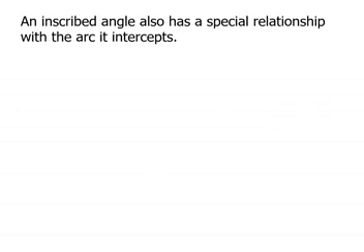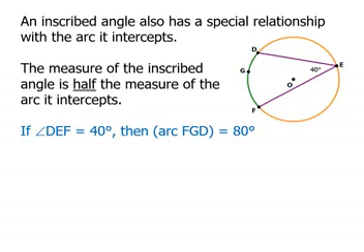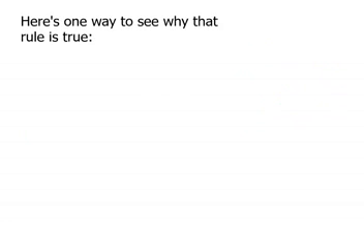An inscribed angle also has a special relationship with the arc it intersects. The measure of the inscribed angle is half the measure of the arc it intercepts. So if the angle DEF is 40 degrees, then that arc FGD has to be 80 degrees. Now, why is this true? Here's one way to see why that's true.